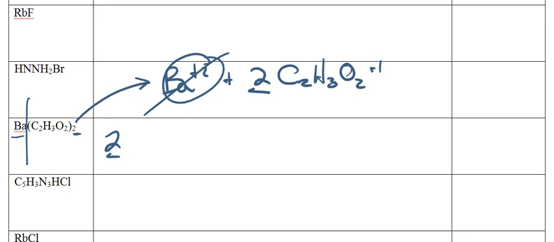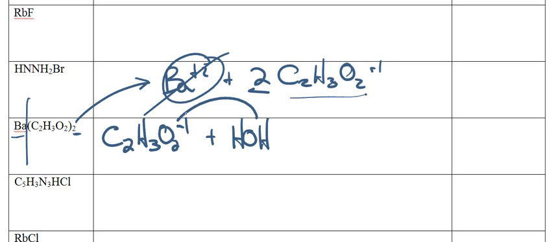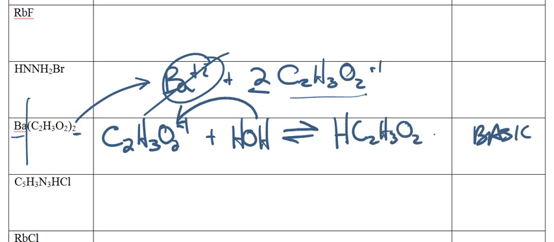This is a conjugate of a weak acid that behaves as a base. So we're going to rip hydrogen off of this, and we're going to form acetic acid. So this will cause the solution to become basic, because of C2H3O2 and OH, and this is the cause for the solution to become basic. Okay, all right, let's look at the next one.